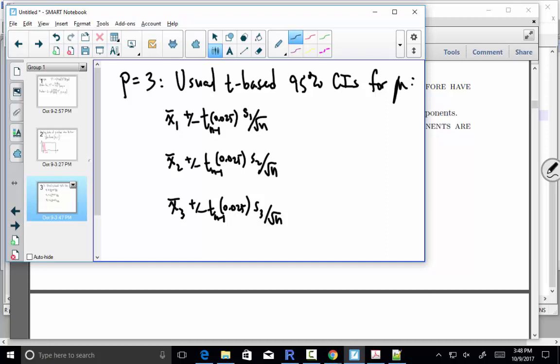If you only did one of these, you could say that's a 95% confidence interval for that mean. But because we do 3 of them simultaneously, the probability that any one of them is not correct is not 0.05. It's bigger than 0.05. So if there's a 5% chance that I make a mistake on any one of them, there's a substantially bigger chance that I make a mistake on at least one of them.